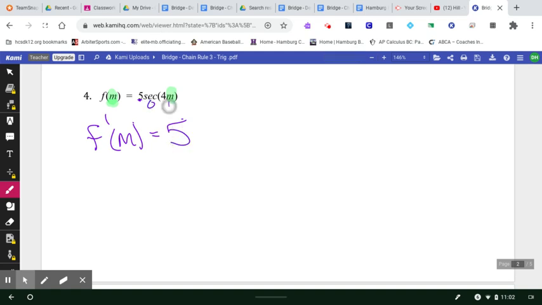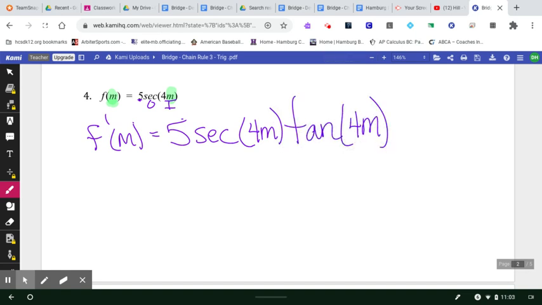So now here's my outside and my inside. The derivative of my outside, secant, if you look back at your notes, the derivative of secant is secant x tan x. However, instead of saying x, we're saying keep the inside. So this is going to be the secant of 4m and the tangent of 4m, because we're saying keep the inside times the derivative of the inside.